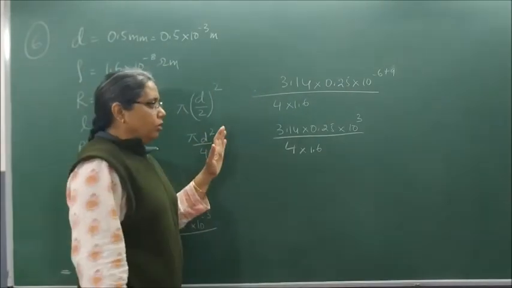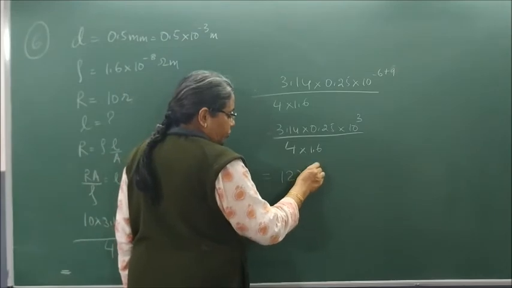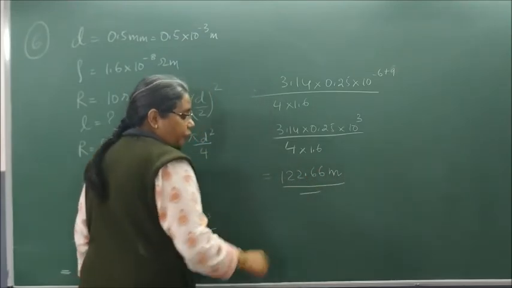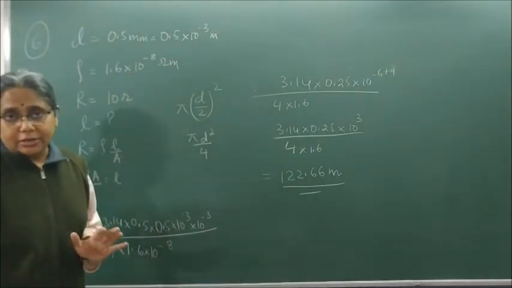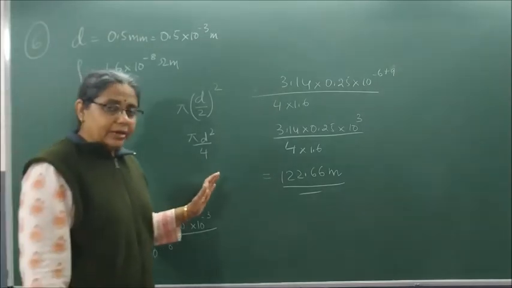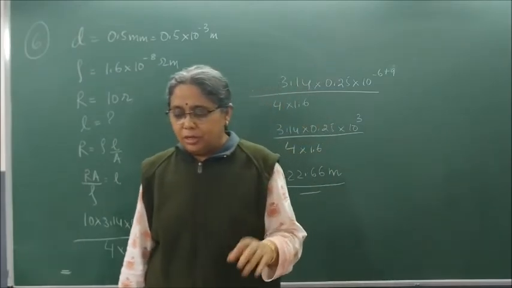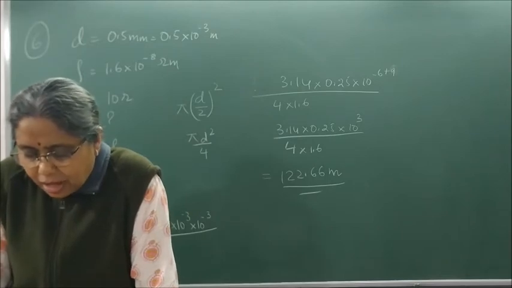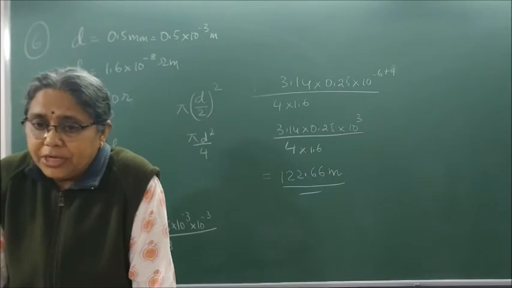If you solve it finally, you will get the answer as 122.66 meter. This is the length of the wire. Kindly calculate it. Don't use a calculator. Use your simple multiplication and division. You will get your answer as 122.66 meter.